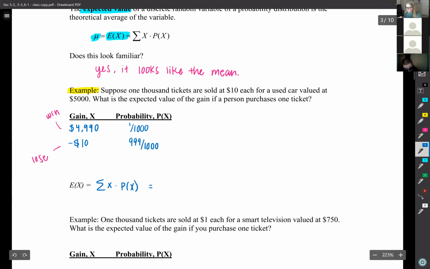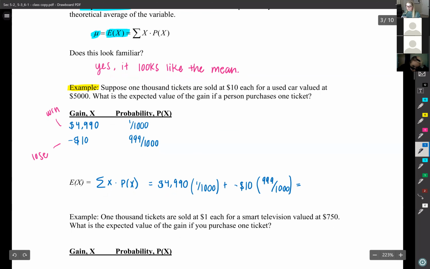So this is equal to, my first x is 4,990, and I'm going to multiply it by 1 over 1,000. So that's the probability that I gain that much. Okay, and then I'm going to add to it my next possible one, a gain of negative $10. And the probability of that happening to me is 999 over 1,000.